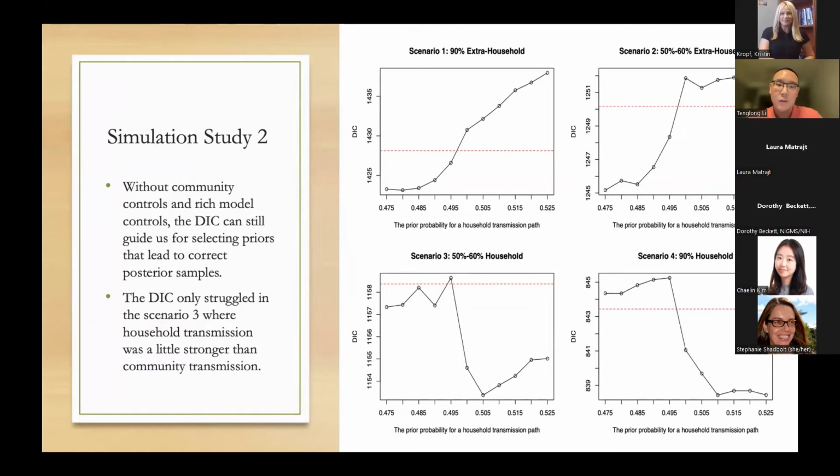Basically, what I can tell is that DIC performed pretty well and can indeed help in scenarios 1, 2, and 4, but only struggles in scenario 3, where we have about 50 to 60% household transmission, and the other 30 to 40% is attributed to community transmission. In that case, we think the reason is that the signal is pretty blurred and not strong enough, because the household is going to have a lot of infections and it is very difficult for DIC to tell them apart.